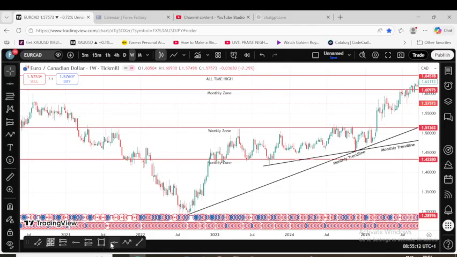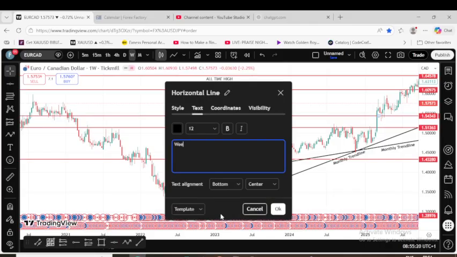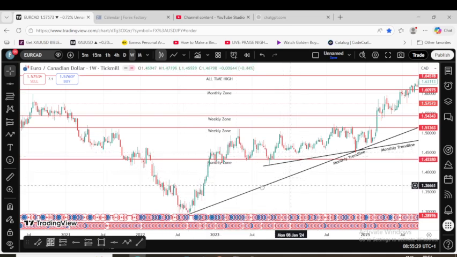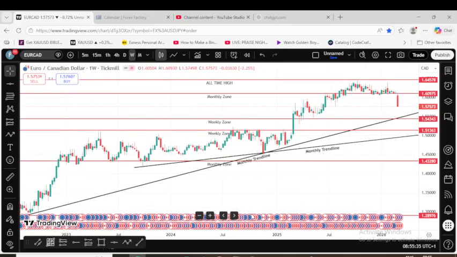We have another zone here. This is our weekly zone. So I believe that's it for our zones on the weekly time frame.